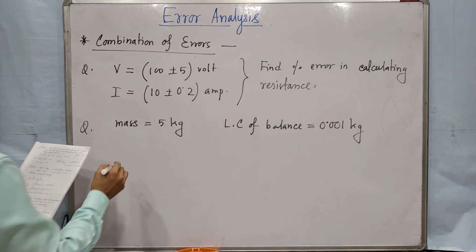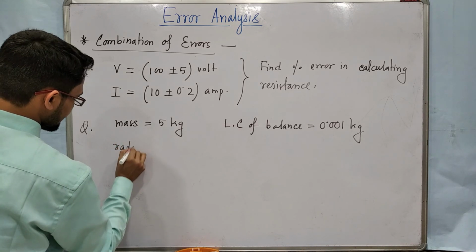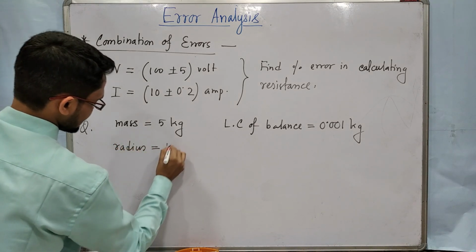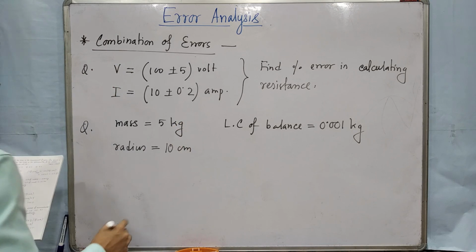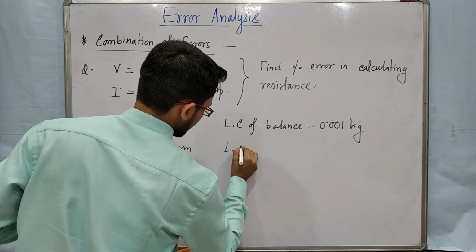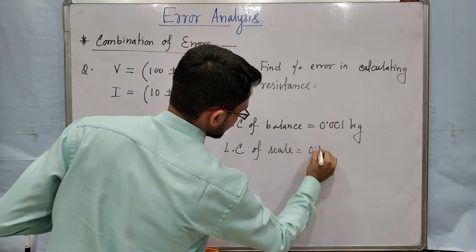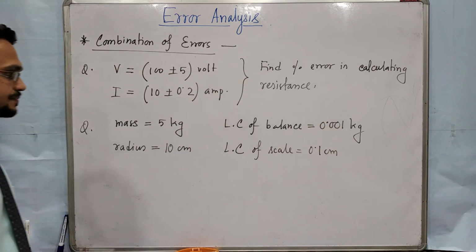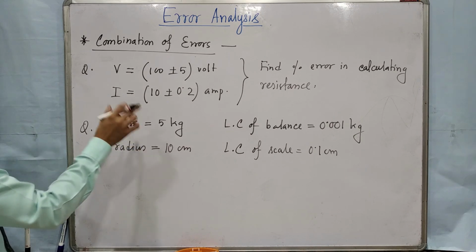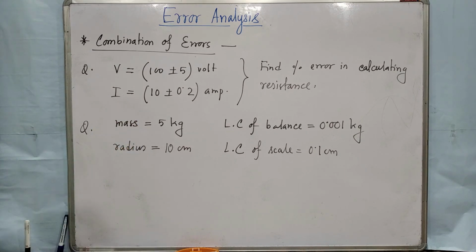And another, radius of a sphere is 10 centimeter, and radius is measured with a meter scale, so least count of scale equal to 0.1 centimeter. So mass of a metallic ball and radius of that metallic ball is this.